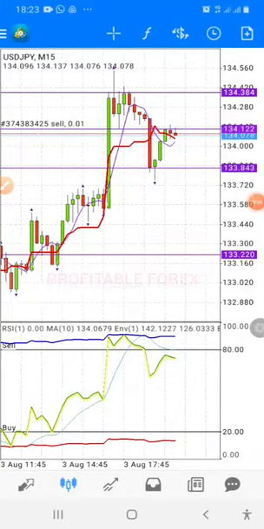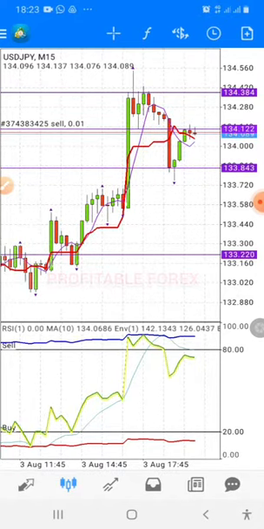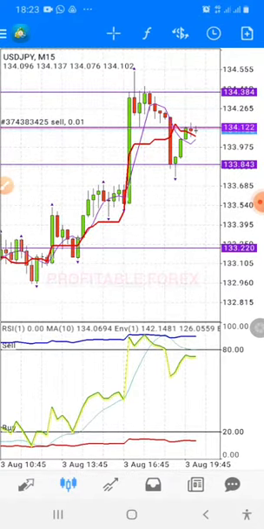Here on this channel we give you amazing strategies that will help you win. Today we're going to be looking at a strategy that you can use for your currency pairs. This strategy is pretty simple, and you have to use it on the higher time frame, say from the 15 minutes, 30 minutes, 1 hour, 4 hours.